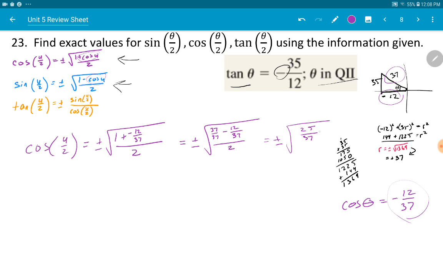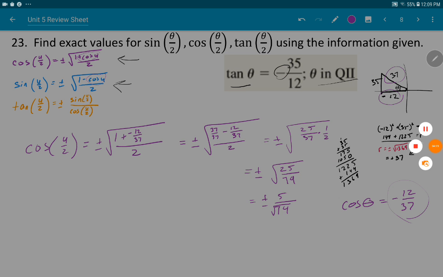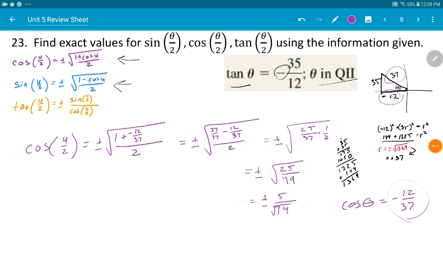Instead of dividing by 2, I'm going to multiply by 1/2, which gives me 25 over 74. The square root of 25 is 5, which gives me 5 over the square root of 74.